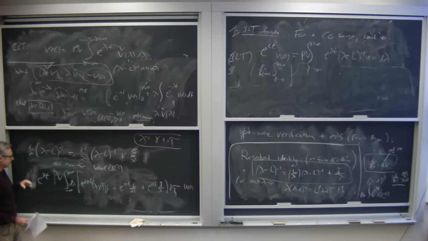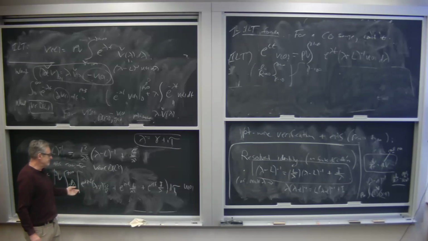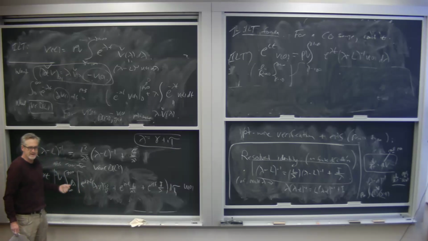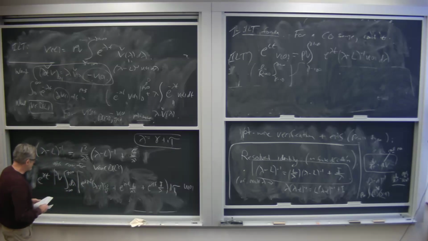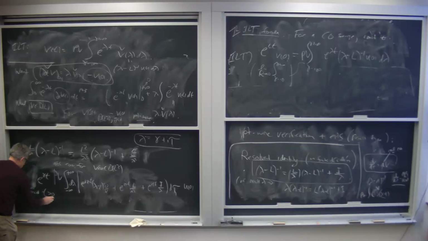Just a bound. And by the way, to get a bound, I have to have pointwise convergence as well in getting this bound. So I want a bound for fixed t greater than 0.